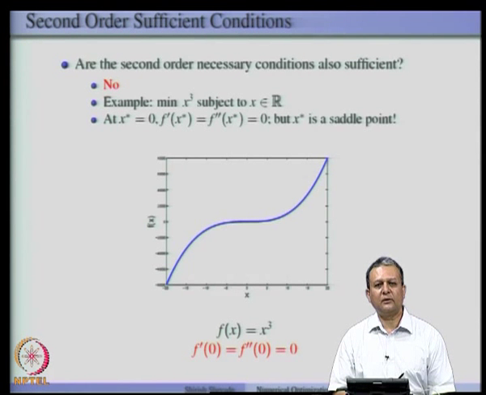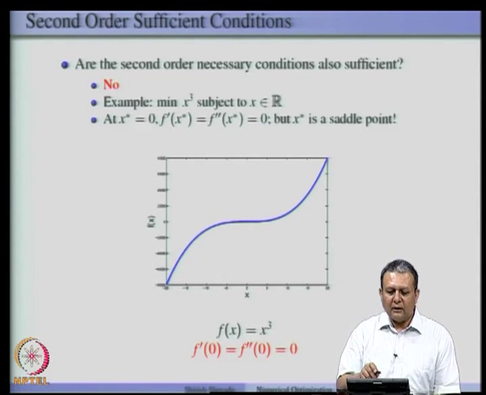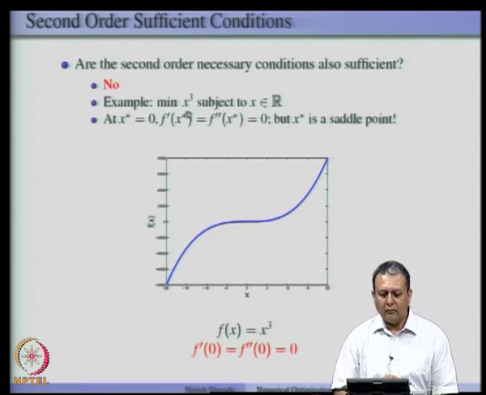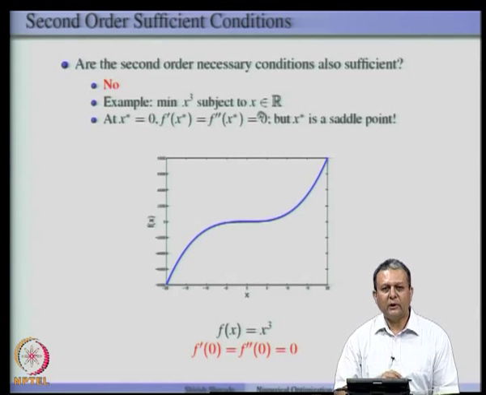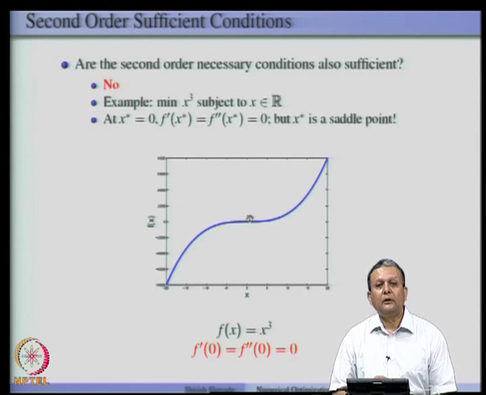And the answer is no, because if you consider a problem which is to minimize x cube subject to x belongs to R, the function is drawn here. Now, at this point, the first derivative and the second derivative both are 0, but then x star turns out to be a saddle point. So, these conditions are necessary for the existence of a local minimum, but not sufficient.